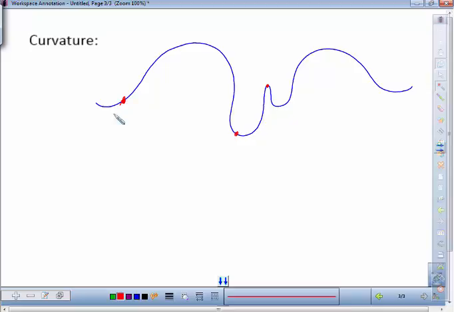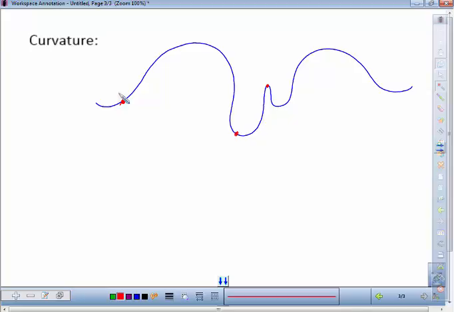Now, at each of those points, we can talk about some distinctive properties. One of the things we can talk about is how curved they are. So the idea of curvature is to look at a point on a curve and imagine how much it bends.